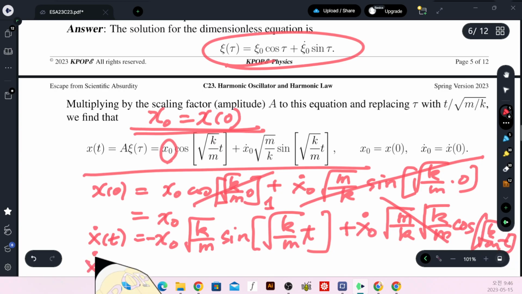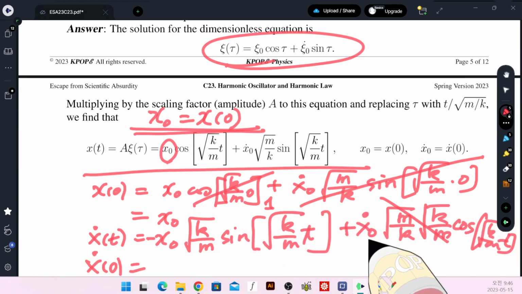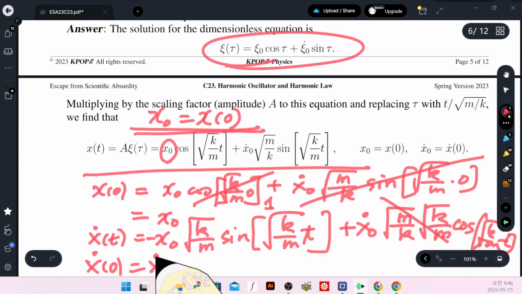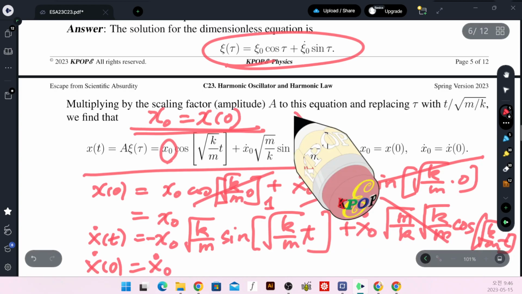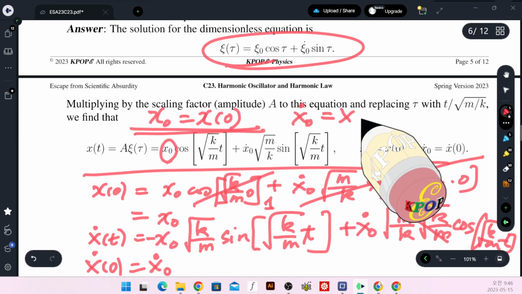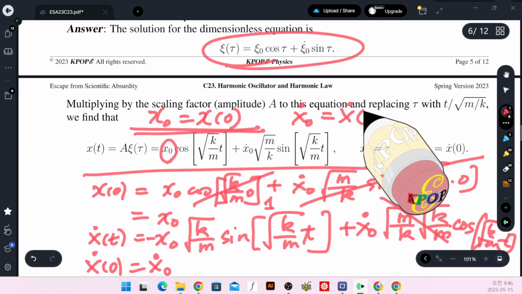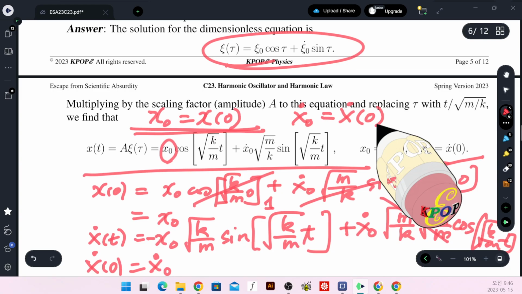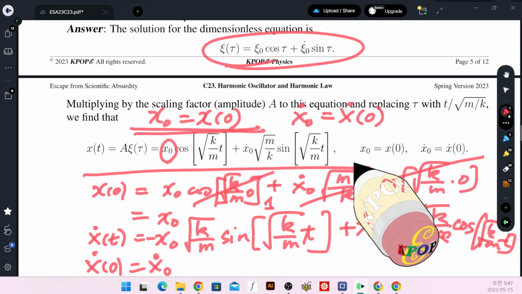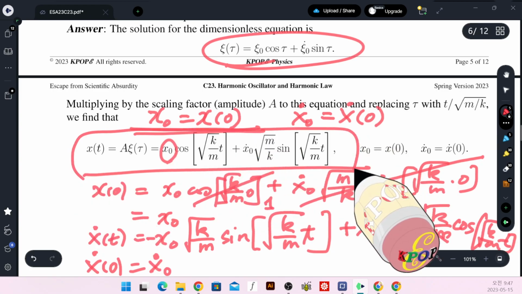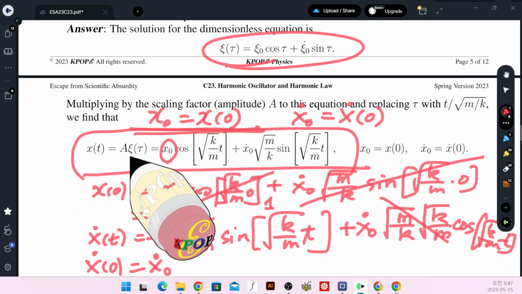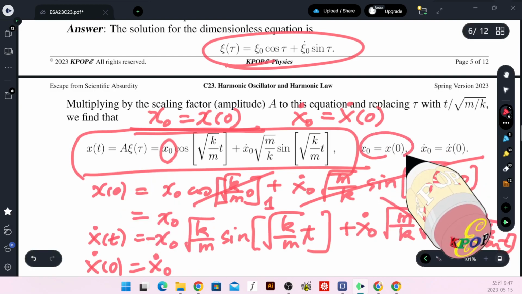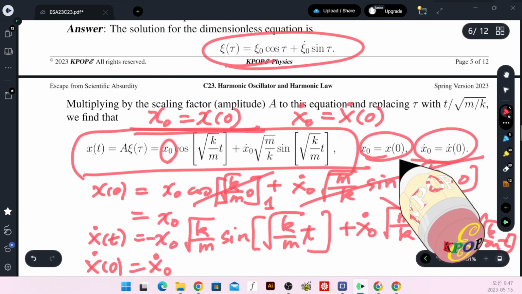If I substitute 0, this sine 0 vanishes and this coefficient reduces into this simple form, and cosine 0 is 1. Okay, so x0 dot is x dot evaluated at t equals 0. So this is the exact solution for the harmonic oscillator when the initial values for the position and the velocity are given like this.